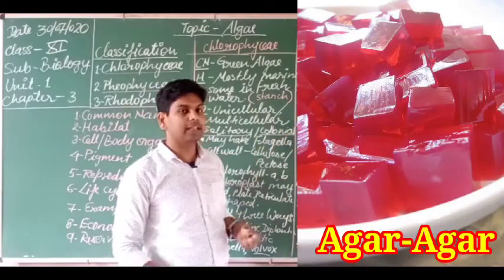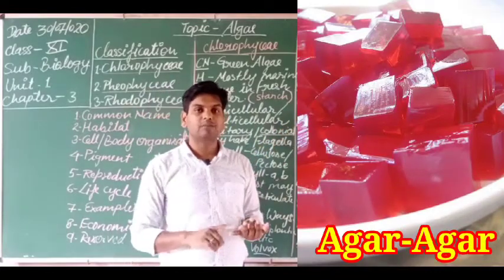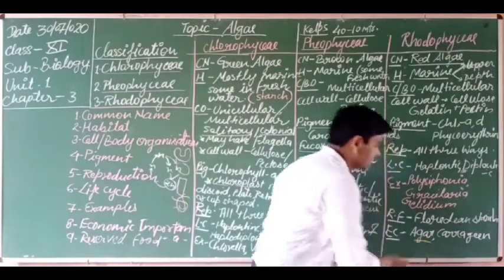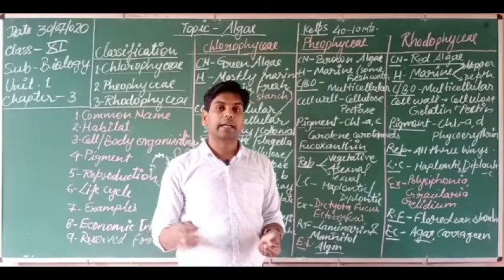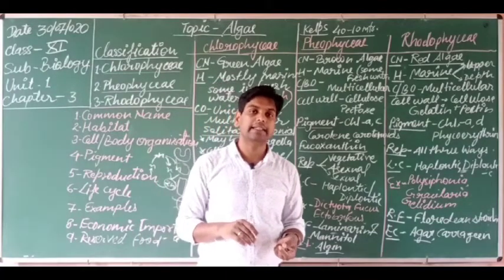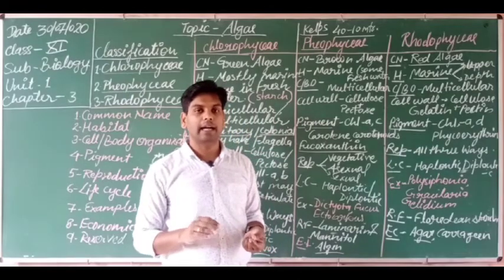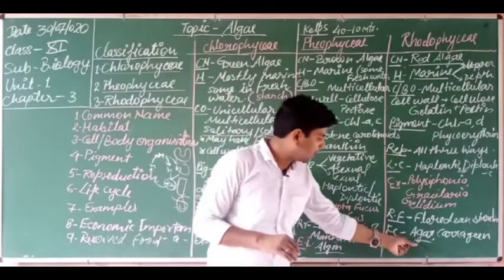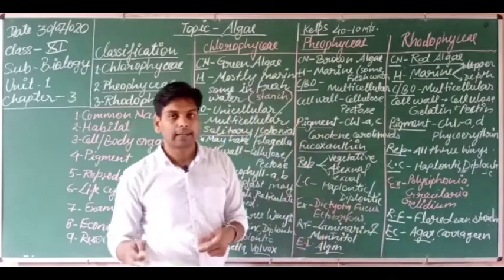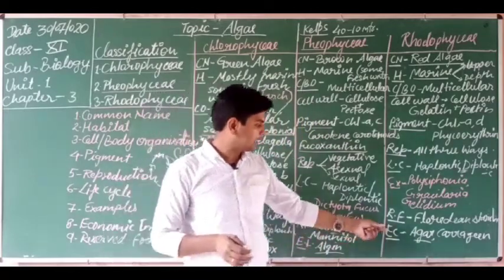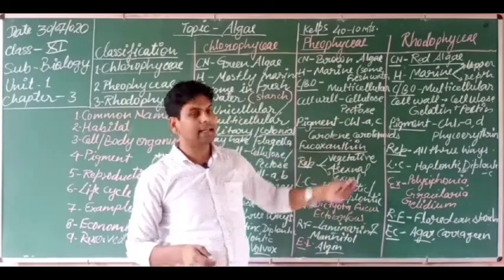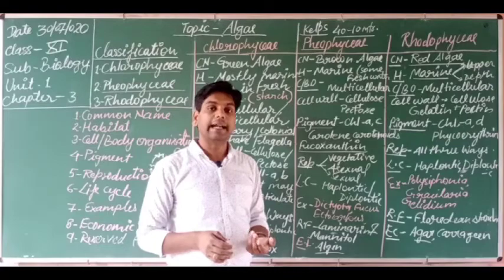They are used in jam, jelly, and ice cream making. Agar is used to make culture media to grow plants in the laboratory, as in tissue culture, which you studied in 10th class as part of artificial vegetative propagation. Some red algae are also edible.